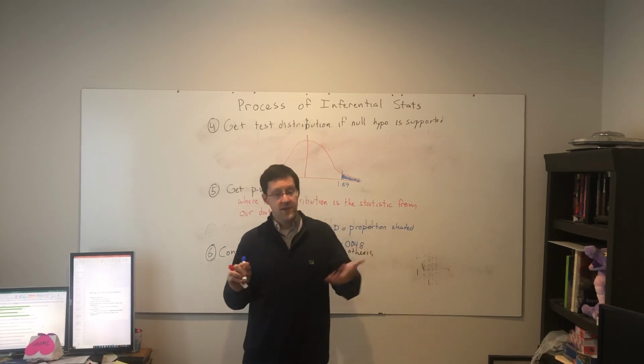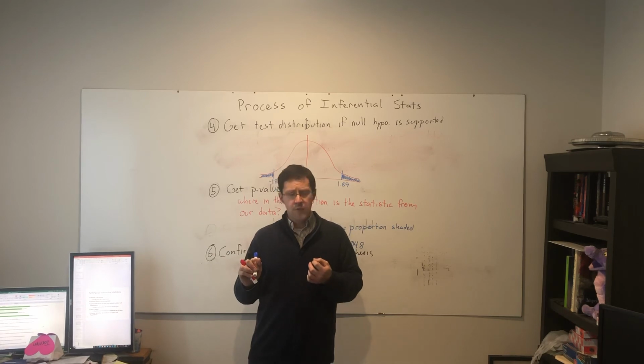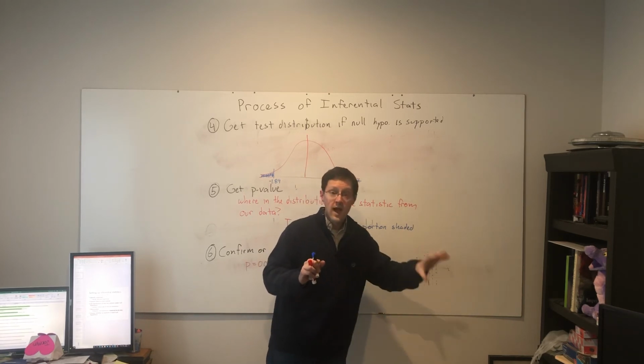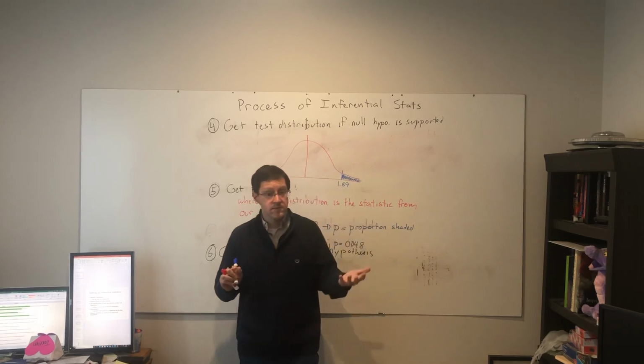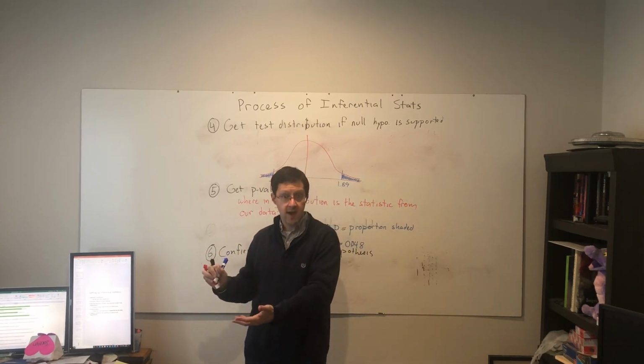Because if I say it's not supported by the data, that probably means that that null hypothesis isn't true, but there is always that chance that actually the problem's with the data, that the data was wrong, and because of that, we say it's not supported by the data that we have.